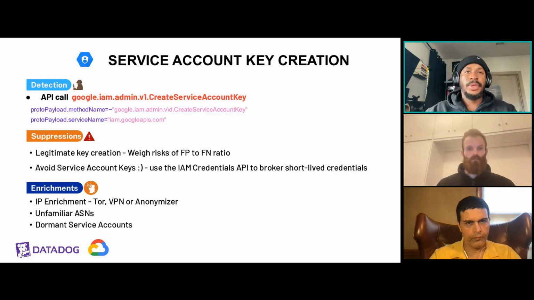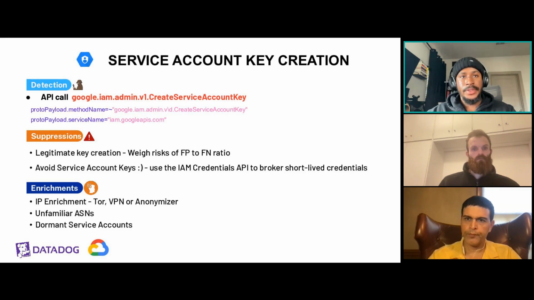And then in terms of enrichment, making sure this actually surfaces malicious activity with a lot more confidence, you can look into enriching the activity by looking out for whether it's activity from a Tor IP address, VPN, or an anonymizer, or any IP address that is not expected to be creating service account keys within your environment. Another way is looking for unfamiliar ASNs, and another one is looking at dormant service accounts.